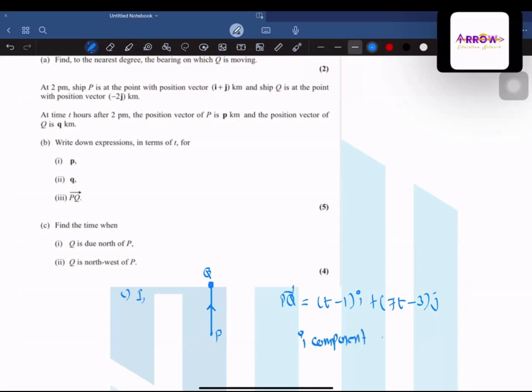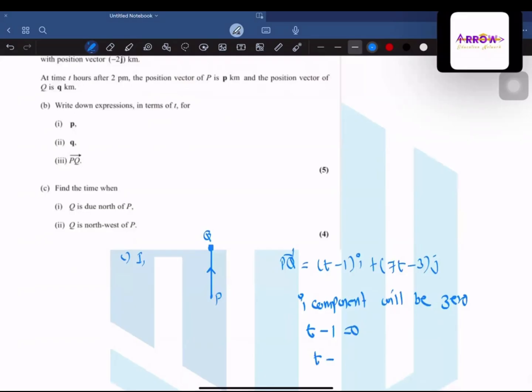As simple as that. So t minus 1 will be equated with 0, which means t is equal to 1. Since the requirement is to find the time, initially the time was 2 p.m. At 2 p.m., t was equal to 0.